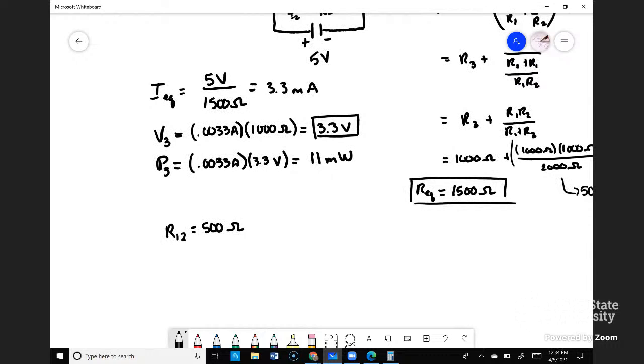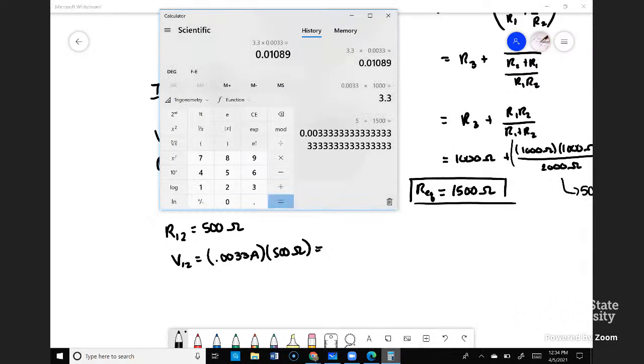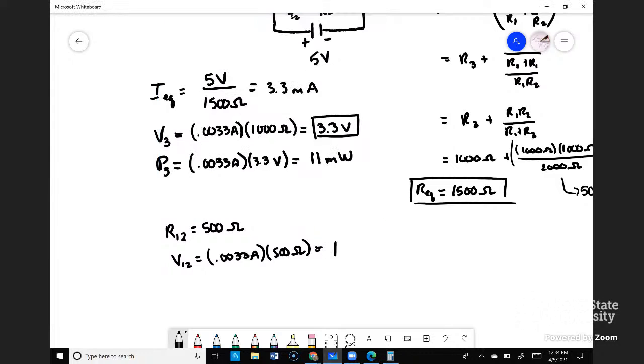The voltage is going to be V12 equals the equivalent resistance times 0.0033 amps multiplied by 500 ohms, which is 1.65 volts.